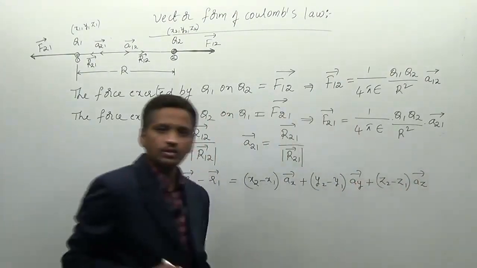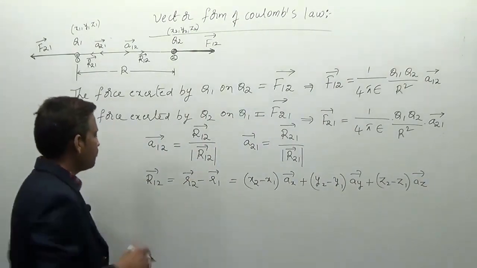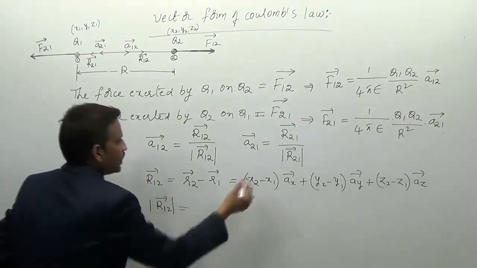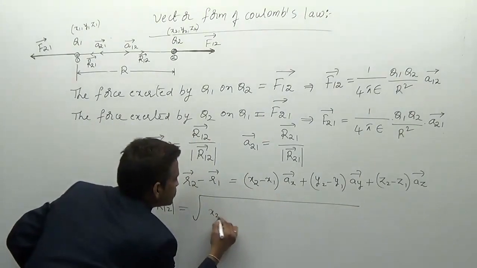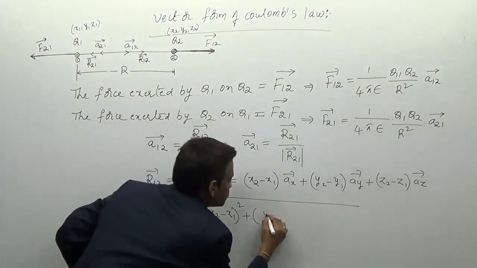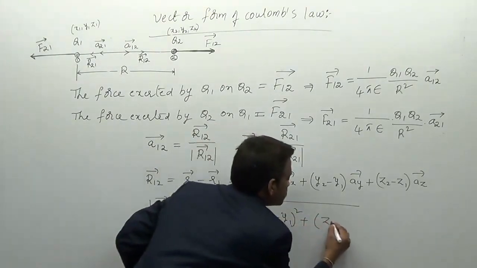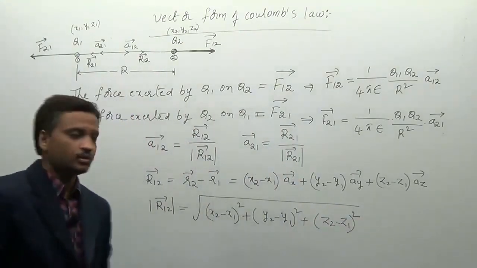This is how we are going to calculate the R12 vector. But if we want the magnitude of this R12, then we can get it as the square root of this expression, that is (x2 minus x1) whole square plus (y2 minus y1) whole square plus (z2 minus z1) whole square. This is how we are going to get the magnitude.